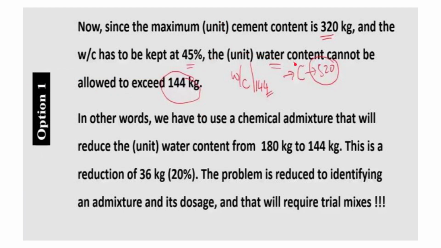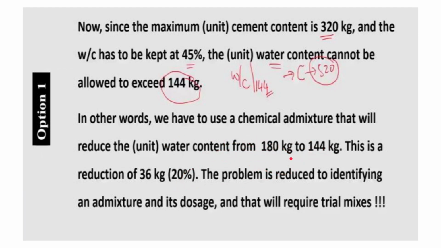So in order to keep the cement content at 320 and the W by C at 0.45, W by 320 equal to 0.45, the W value will come around 144. So it cannot exceed 144. In other words, we have to use a chemical admixture which reduces the requirement of water from 180 to 144, that is 36, or around 20%.